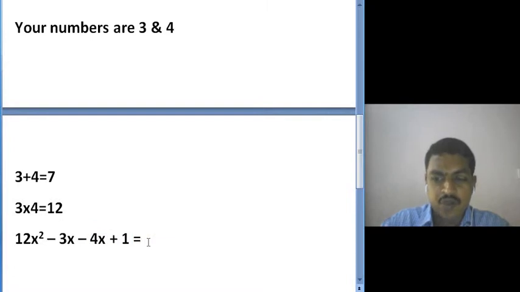So what we are going to do is simply write that question again. 12x square minus 3x minus 4x plus 1.